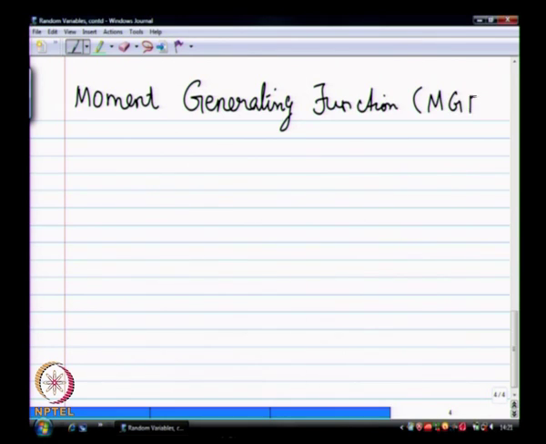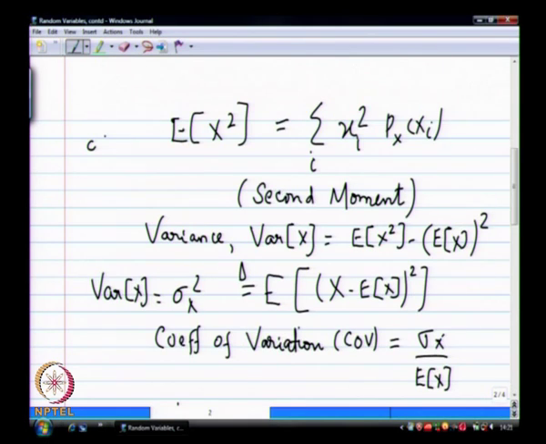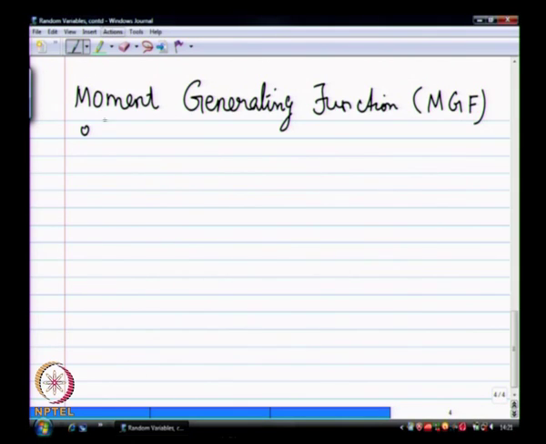So the moment generating function, MGF, of a random variable x is simply defined as follows, right.